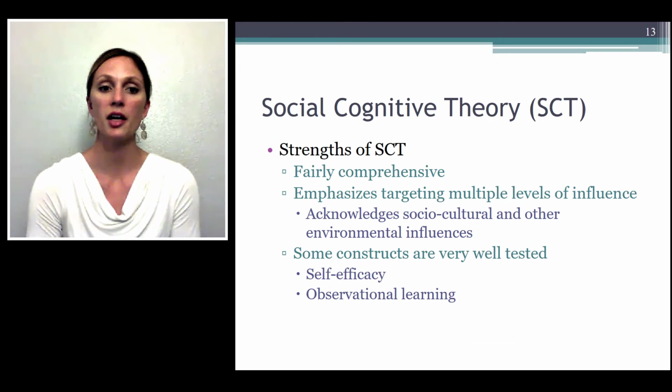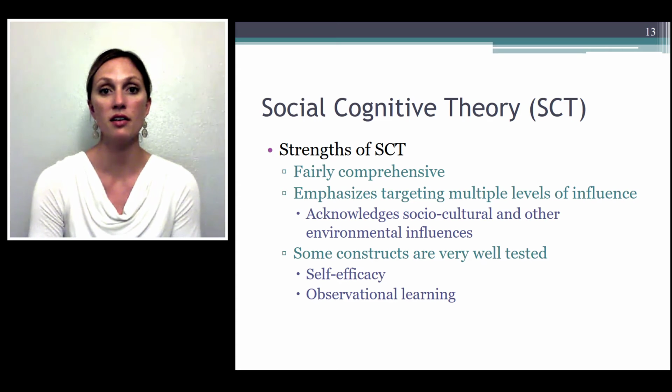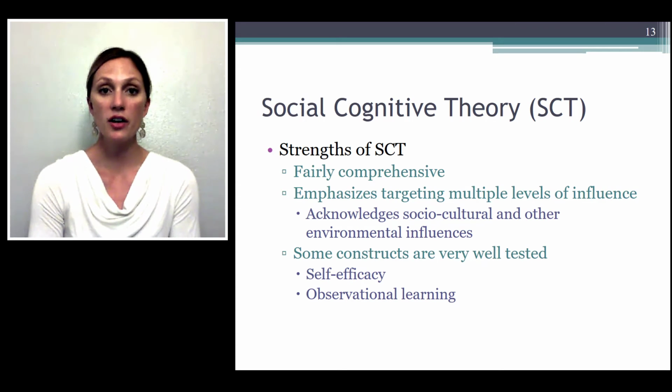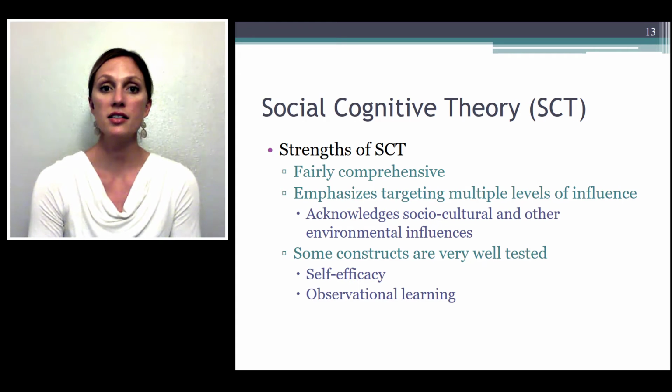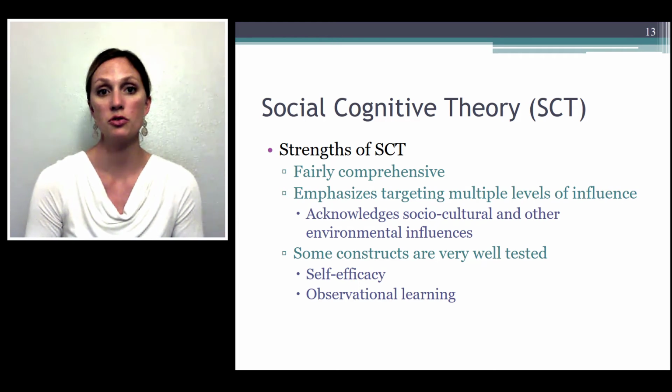Let's conclude by talking about some of the strengths and weaknesses of the SCT. Strengths, as you've seen, is that it is fairly comprehensive. It does assess a number of individual and external factors, and that is an advantage over intrapersonal level theories.